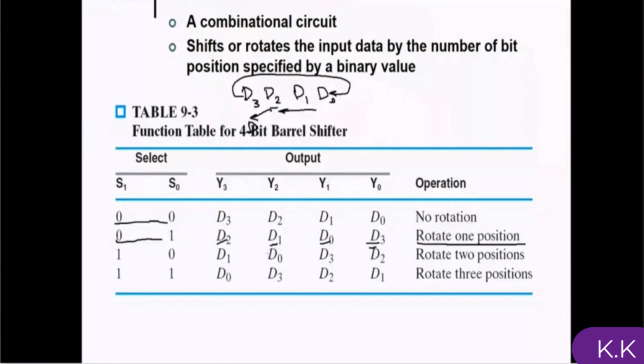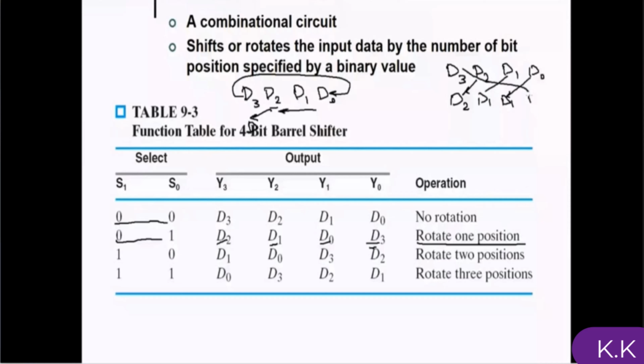If it is 0, 1, then as you can see, the D2 is coming here, D1 is here, D0 is here. So each bit moves one location to the left and D3 is coming back from here. So this is a rotation one position to the left.